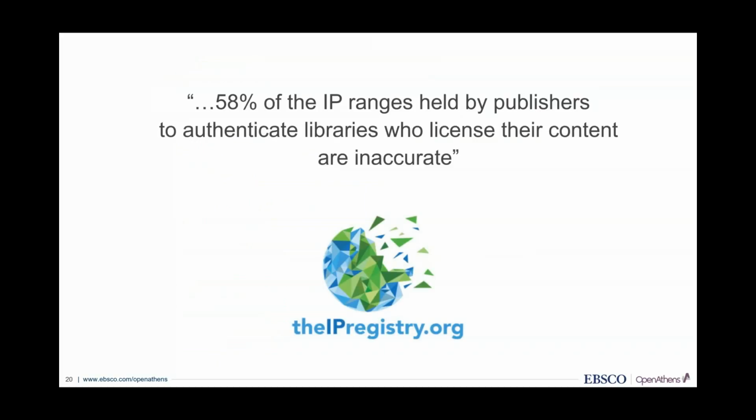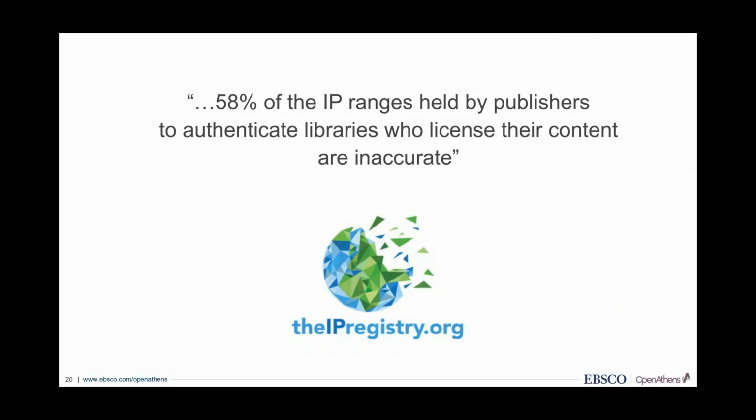Another inconvenience for those concerned with piracy or inflated content prices is that 58% of IP address ranges held by publishers were found to be inaccurate. If your university subscribed to Wiley Online, for example, changed IP addresses and forgot to tell the publisher, another institution may now be using your subscription. True story.